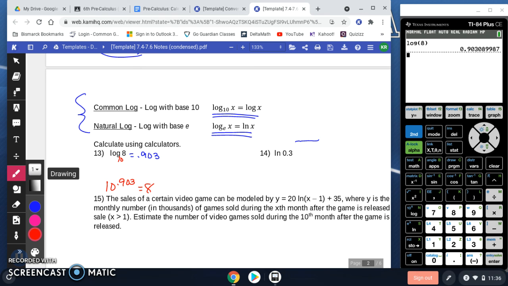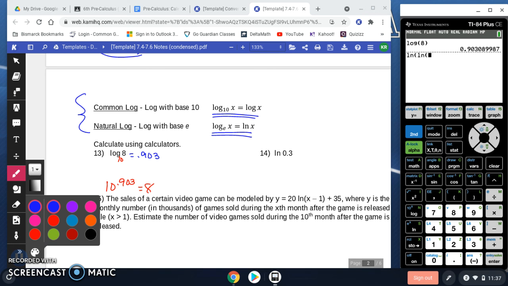Okay, 14, natural log of 0.3. So if we go back, natural log, next to your 4, natural log of 3/10 is about negative 1.204 approximately. Okay, so same concept here.